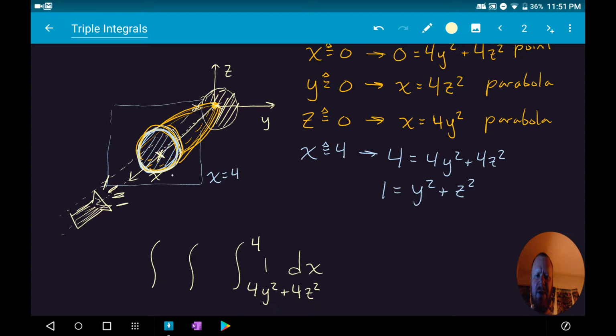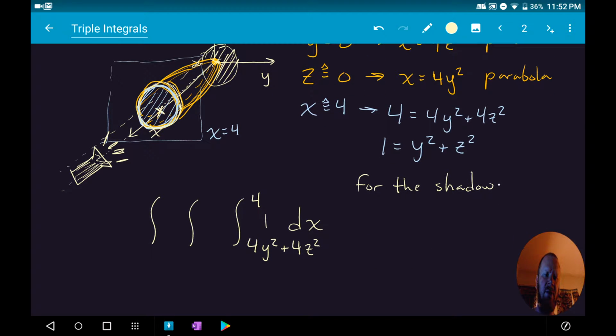So I think for that largest shadow, for the shadow, what we're looking at is this shape, right, in the YZ plane. Just looking at that circle. And the radius of that circle is the same as this cap here, which is 1.